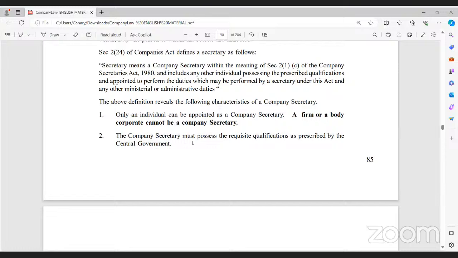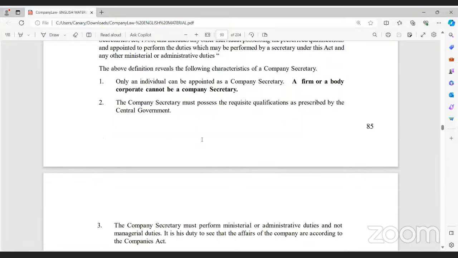The next one is that the company secretary must possess the required qualifications. As per the central government, he should complete company secretaryship and possess that membership. Like how there are chartered accountants, similarly there is the company secretary exam, the CS exam.